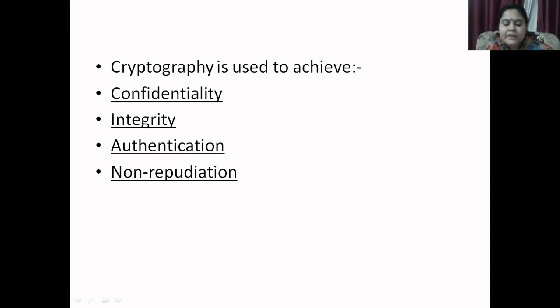Integrity means that information that was sent is what was received. Next, authentication: guarantee of the originator of an electronic transmission. Next, non-repudiation. Non-repudiation means the originator of information cannot deny the content or transmission.